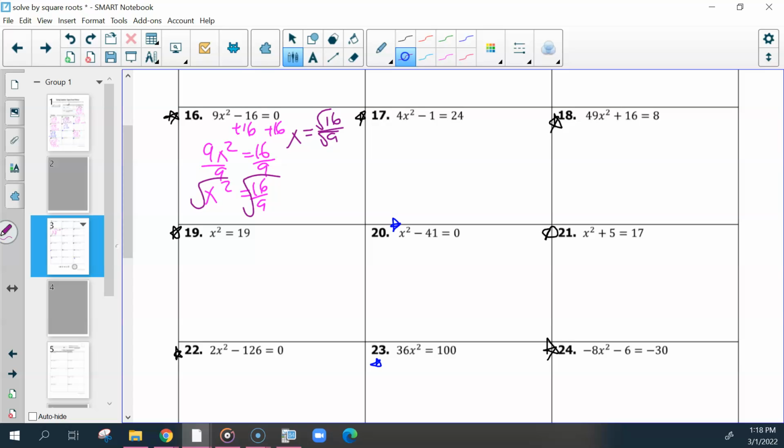We know what those pieces are. The square root of 16 is 4. The square root of 9 is 3. So this would be x equals plus or minus 4 over 3. So our solution set would be x equals negative 4 over 3 and positive 4 over 3.